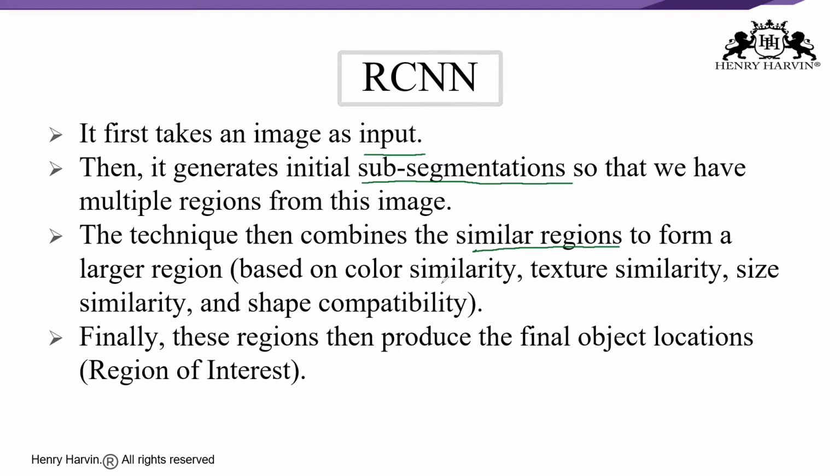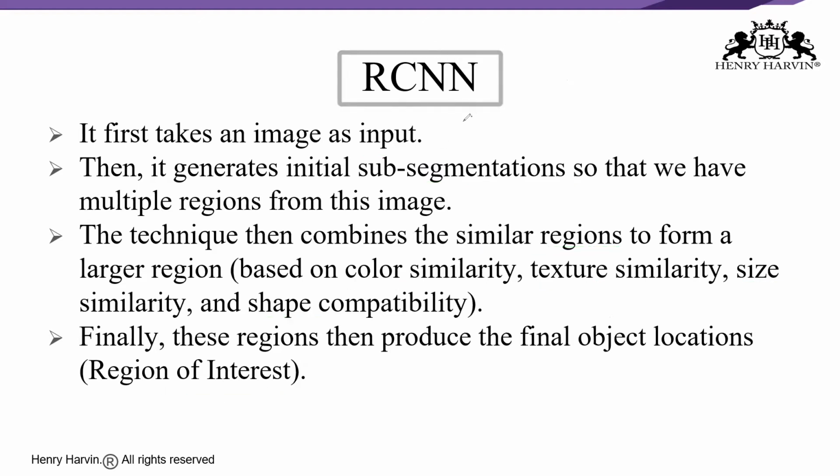It could be based upon color similarity, texture similarity, size similarity, or shape compatibility. Based upon that, all the regions will be combined, and finally the final object locations will be found. That is basically the region of interest.